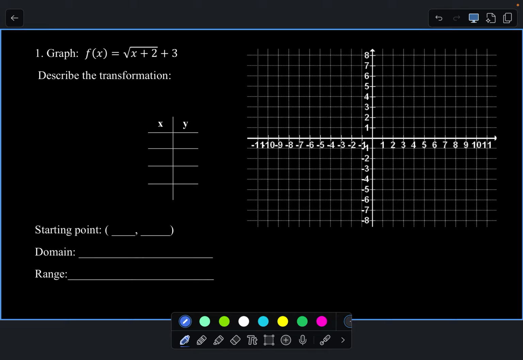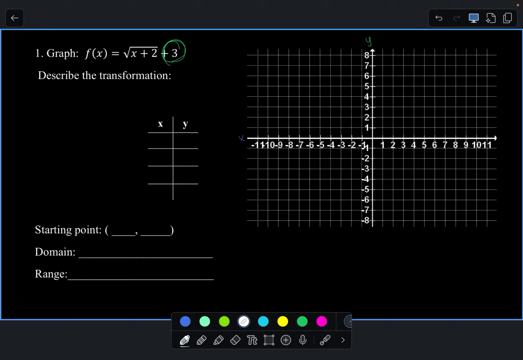And now your radical sign is also a form of a grouping symbol. So when you take a look, this is not that. Your radical sign does not extend above plus 3. Your plus 3 is your k value on the outside. And whatever happens on the outside happens to your y, because y is your vertical axis. X is your horizontal axis.